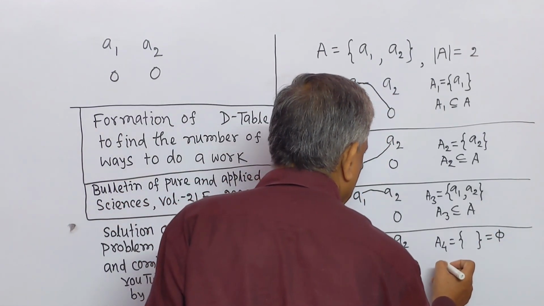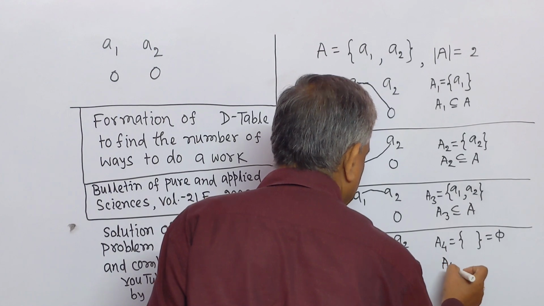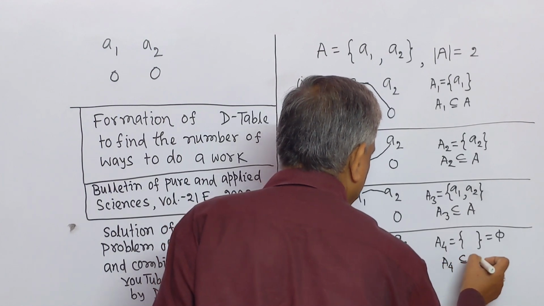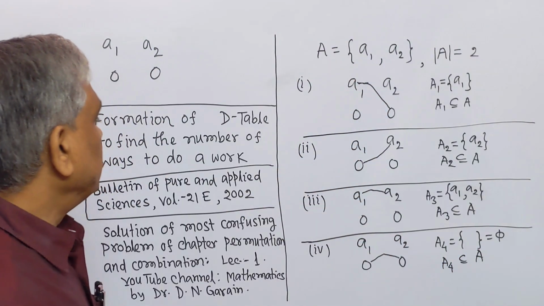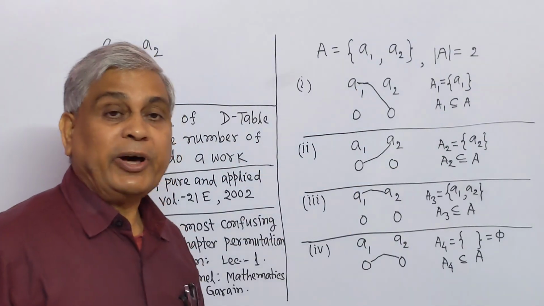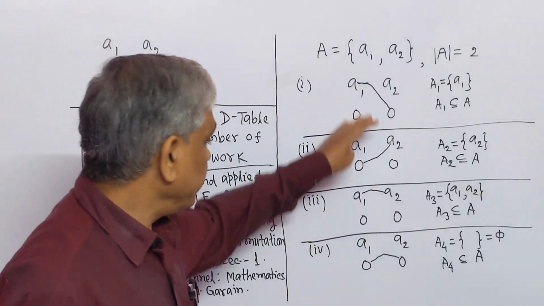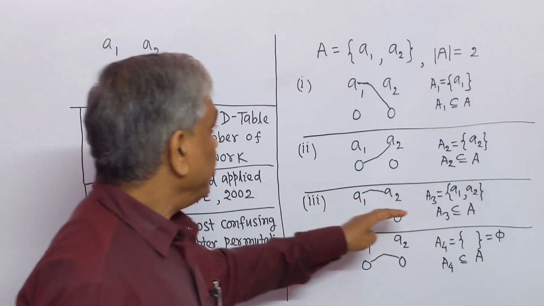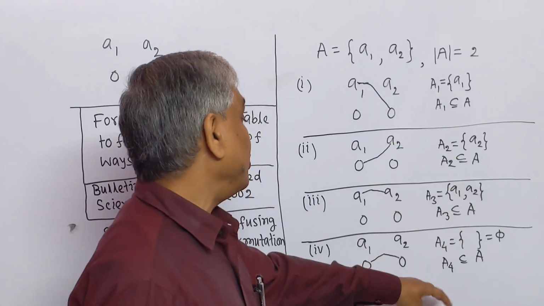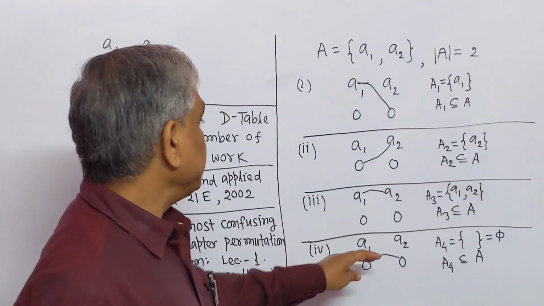Since A4, the empty set, is a subset of A. So, the possible number of curves is 4 and the possible number of subsets is also 4.